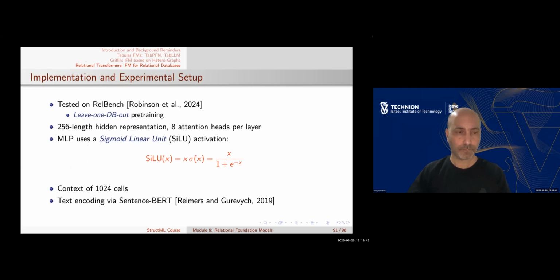And something special is that they use for the activation the sigmoid linear unit, which is sigmoid times x, which works well for them. Text encoding they did through a Sentence-BERT. So this is also a conventional approach.